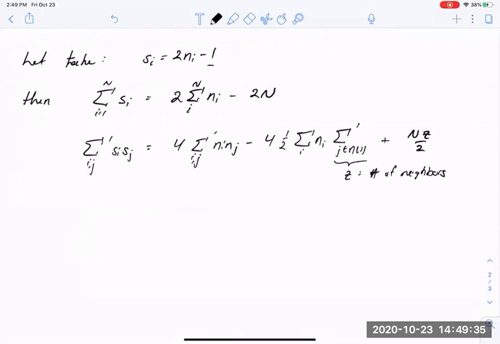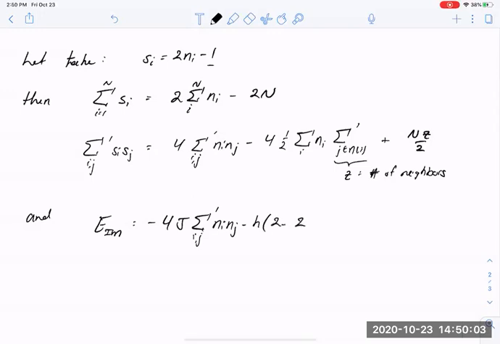So simplifying this, putting these two pieces together, the energy function for the Ising model is nothing but minus 4J sum over n_i n_j restricted to nearest neighbors, minus twice h minus twice Jz, oops, sorry, that h is inside.